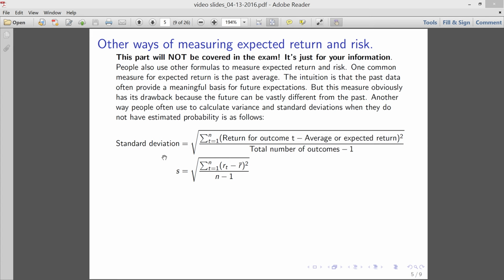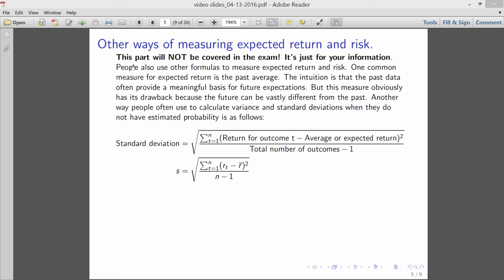In that case, the standard deviation will simply be the return in each year minus the average return, then we take the square and divide by the total number of outcomes minus 1. So here we're also taking the average, but as we've seen, it's an equal weighted average of those deviations.